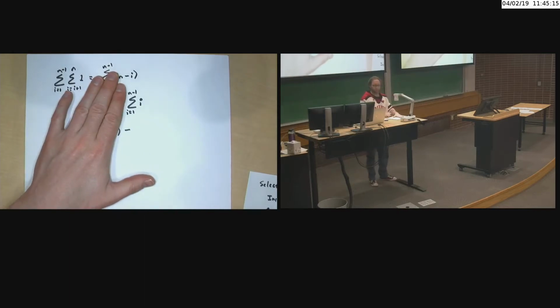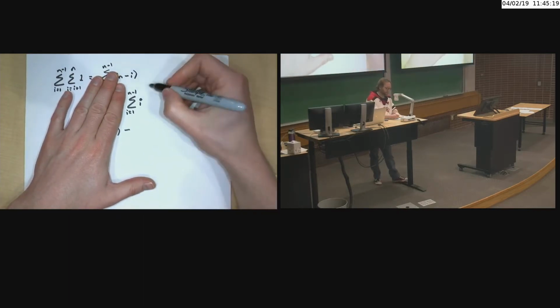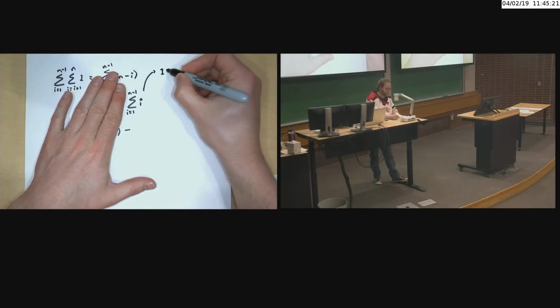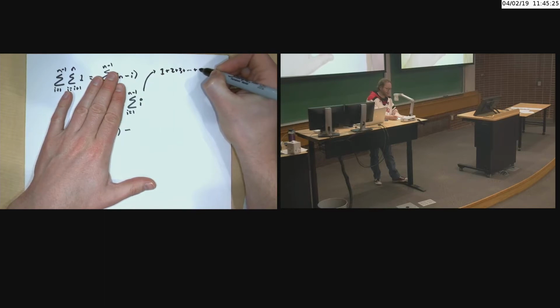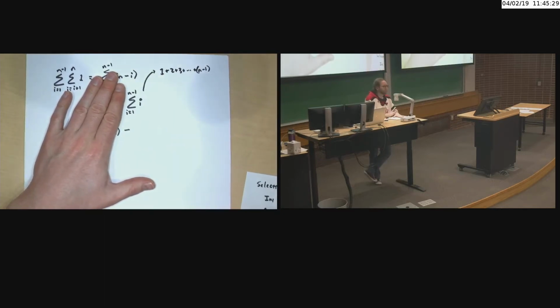This thing should look familiar. Where have we seen something like this before? This thing is 1 plus 2 plus 3 plus, and then we only end at n minus 1. That showed up before, right? Where did we see that? When we were doing the naive painter's way of doing the linked lists.